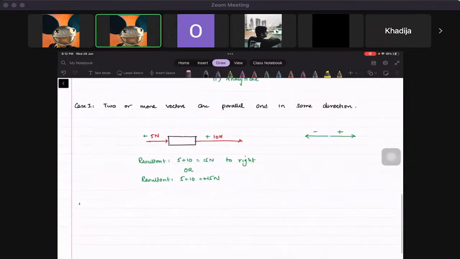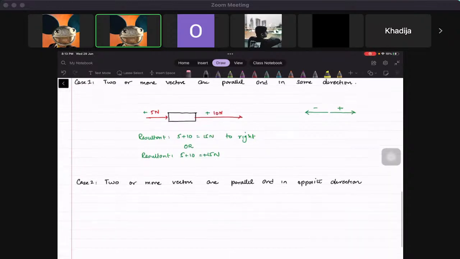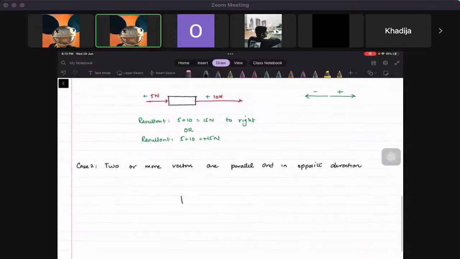Now, case 2 will make it clearer: two or more vectors are parallel and in opposite direction. So suppose you have a body like this.